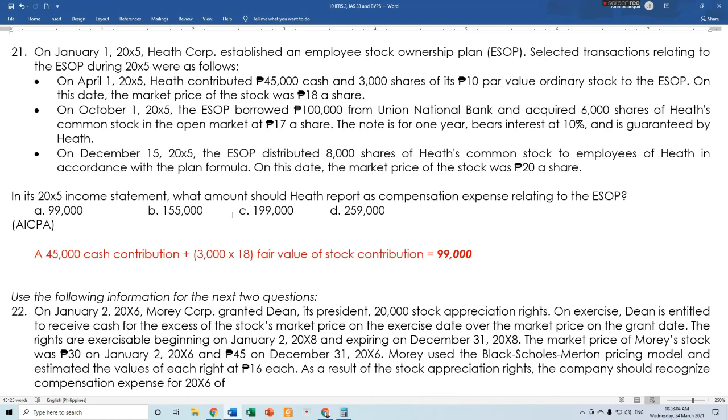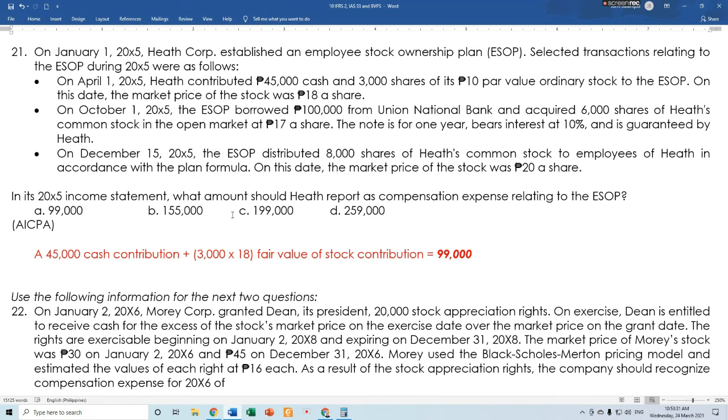And then on December 15, the plan distributed 8,000 shares of the common stock to employees of the employer in accordance with the plan. On this date, the market price of the stock was 20 per share. Ang tinatanong sa atin, magkano ang expense? So ang expense mo lang dyan is kung magkano yung pinrovide mo as the employer for that particular plan, which is equal to the contribution that you did on April 1.